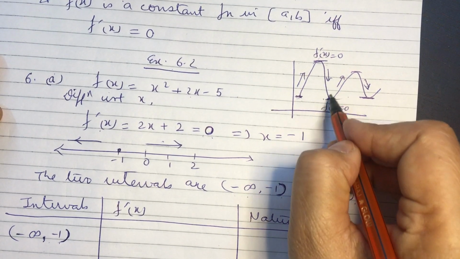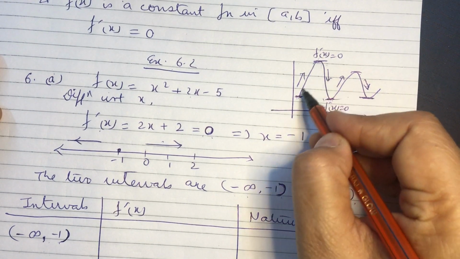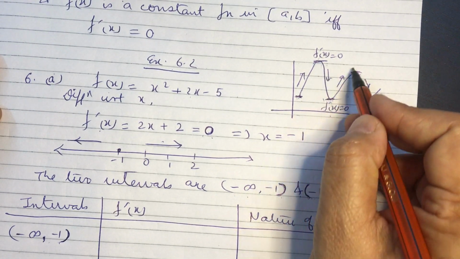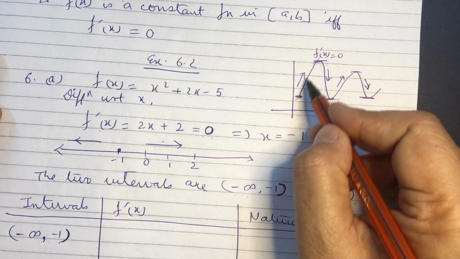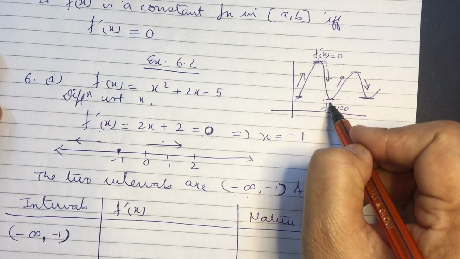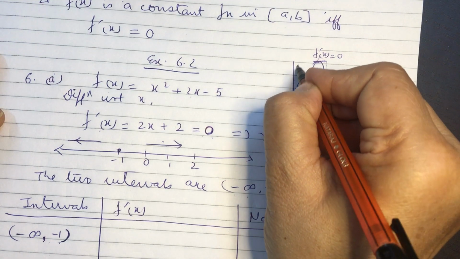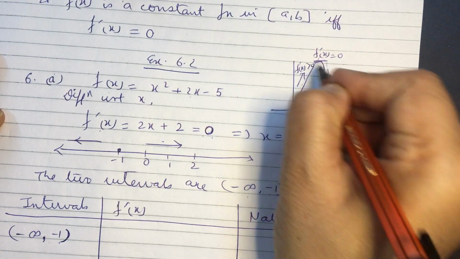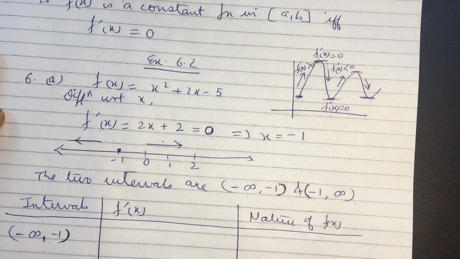So between two consecutive points of change in direction, the function maintains its nature. In this interval it is increasing, then between these 2 points it will always be decreasing, and then again increasing, and then again decreasing. So here f'(x) is greater than 0, here f'(x) is less than 0, and so on.